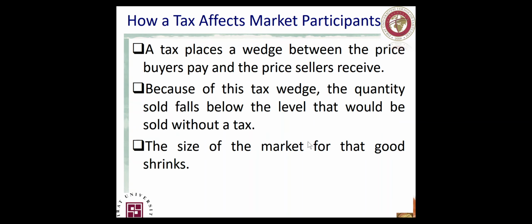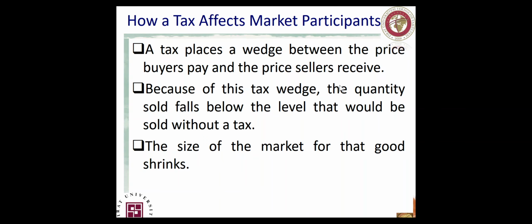So again, the price paid by buyers is not equal to the price received by the seller. There is a difference. That's the size of the tax, and that's a revenue to the government. Now what happens? Since buyers demand less and suppliers supply less, the market itself will shrink. So that means the participation in the market will be less due to the tax.